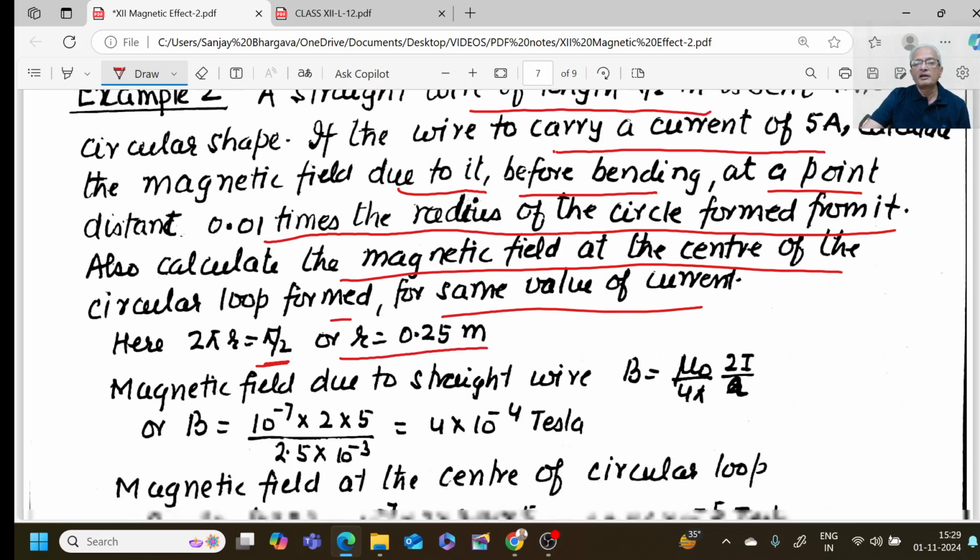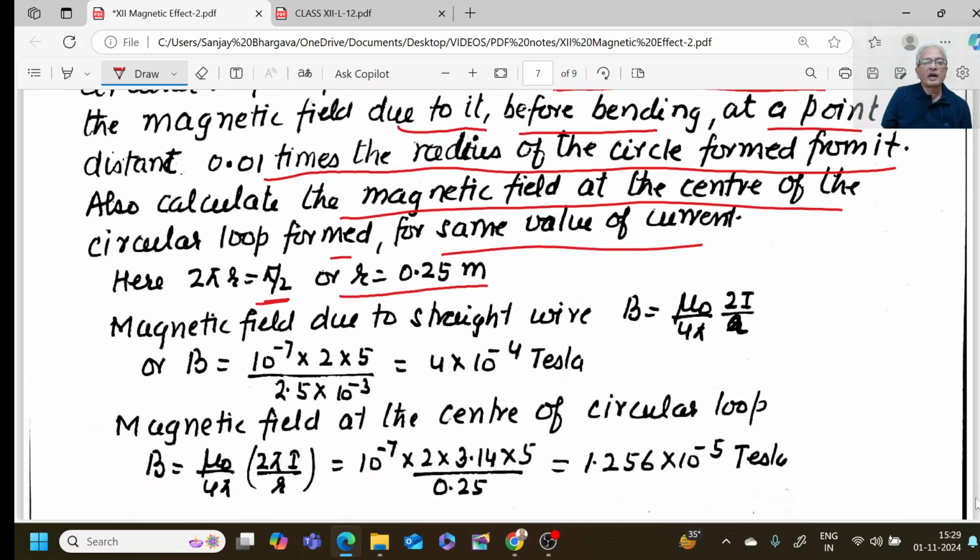Now before bending, we can calculate the magnetic field due to a straight wire. It is mu 0 upon 4 pi into 2I upon r, and r is equal to 0.01 times the radius. So mu 0 upon 4 pi is 10 raised to power minus 7, into 2 into 5, the current, upon 2.5 into 10 raised to power minus 3.